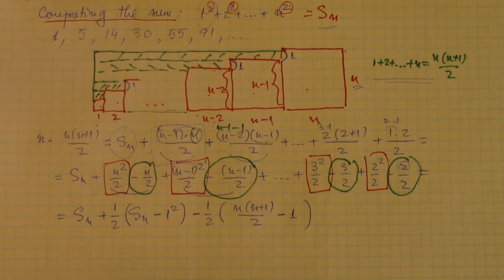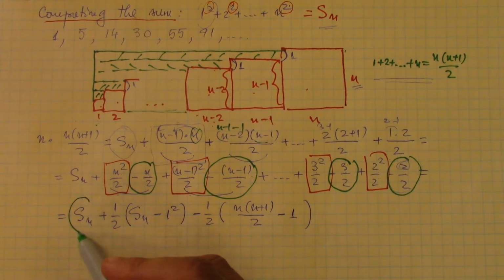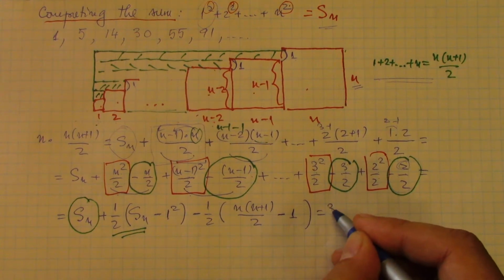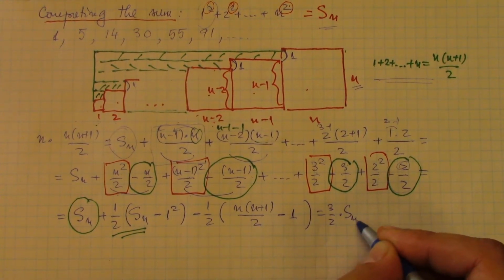Now again, let's take a break and see if we got something going. Actually, I love what I see, because we have here our Sn, and we have here 1 over 2 times Sn. So Sn plus 1 over 2 times Sn is 3 over 2 times Sn.